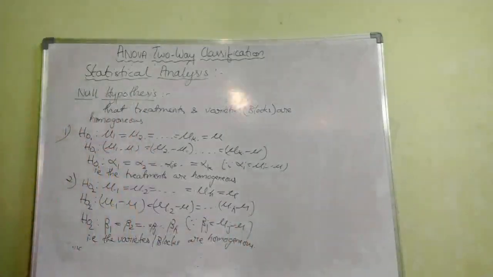In this way we define our null hypothesis and also the alternative hypothesis. In the next class, we will see all the notations, the different formulas and notations for the means, and we will start our statistical analysis.